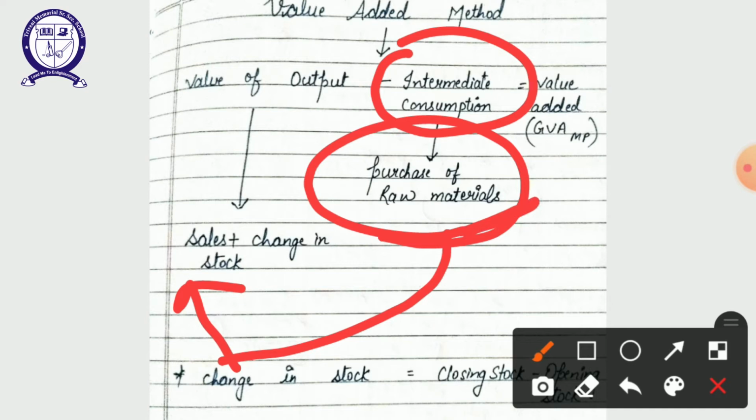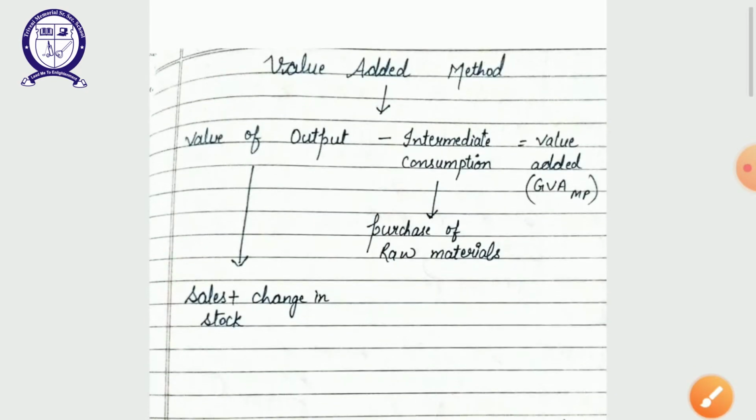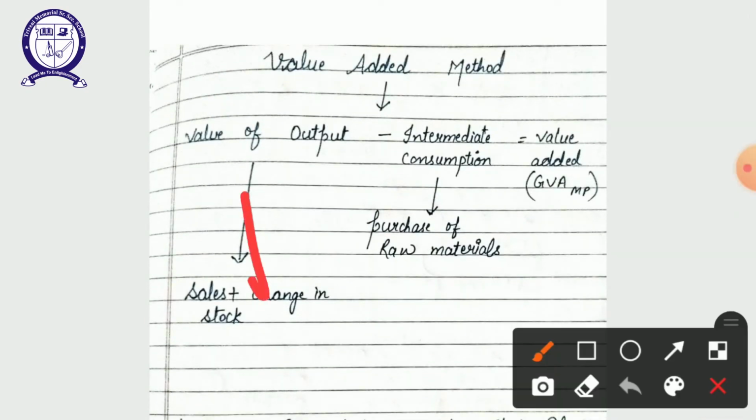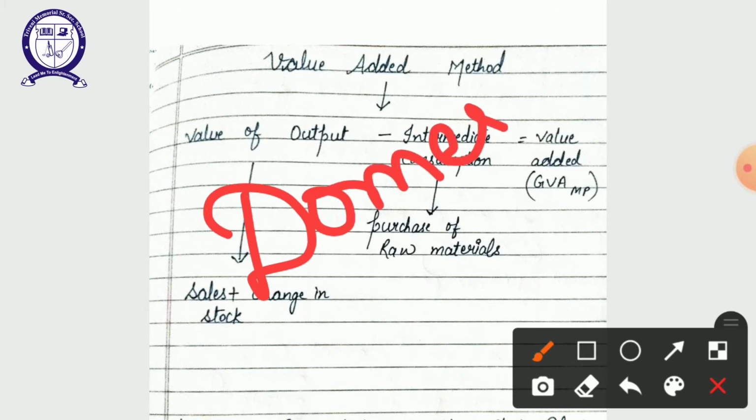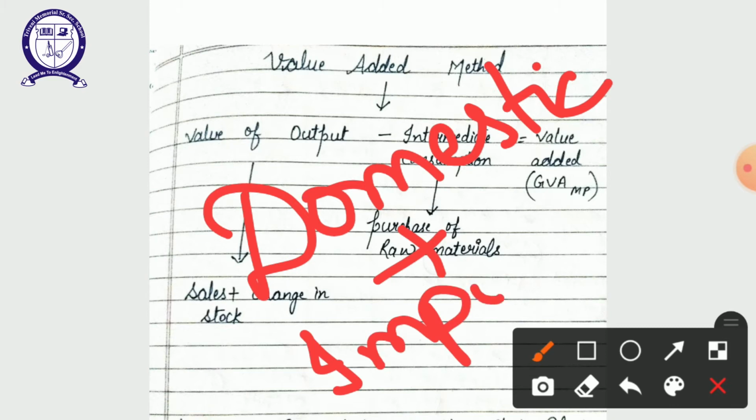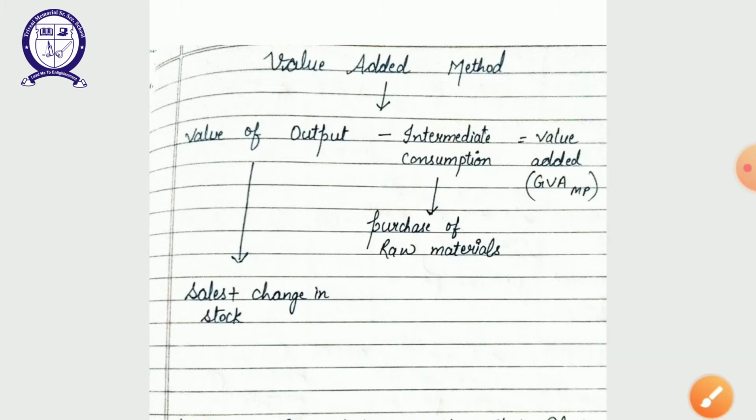If these raw materials are only domestic, then you will add imports. If these are not domestic, that means imports are included in it. So if imports are given separately and you are given purchase of raw material, you will not add import, because here domestic is not mentioned.